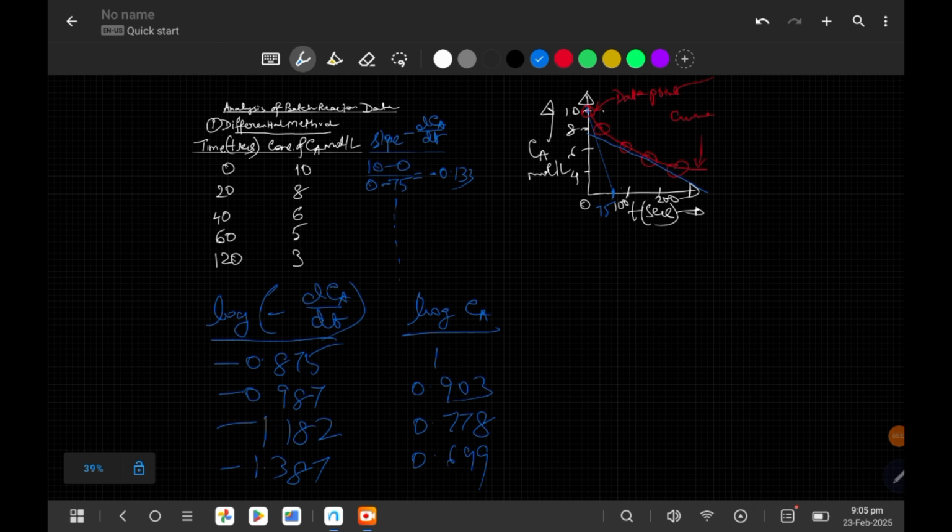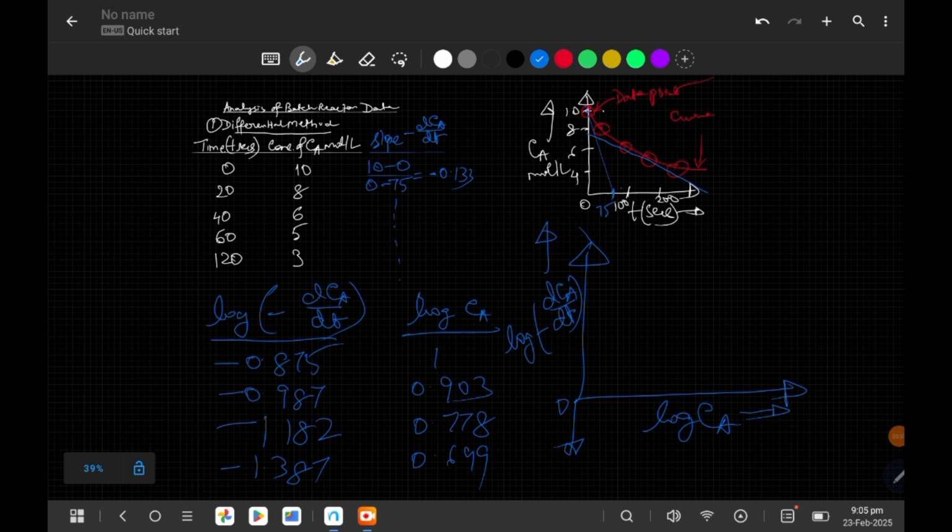Now what we will have to do here, we will have to plot this. So we will again plot this. This will be log of minus dCa/dt, and this will be log of Ca.